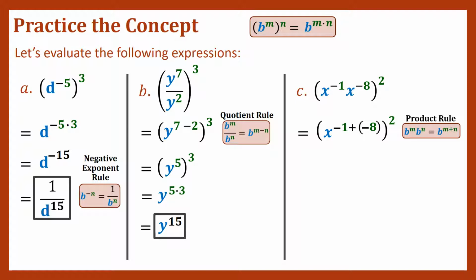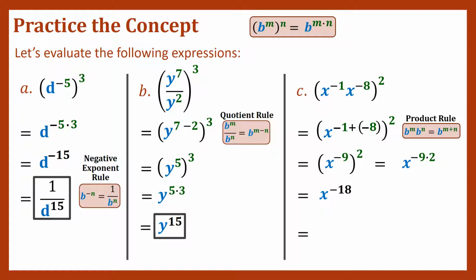Continuing with this expression, this is then equal to, within the parentheses, x raised to the power of negative 9. Now we can use the power rule. Using the power rule, this is then equal to x raised to the power of negative 9 times 2, which equals x raised to the power of negative 18.